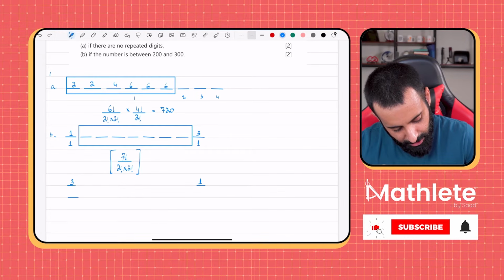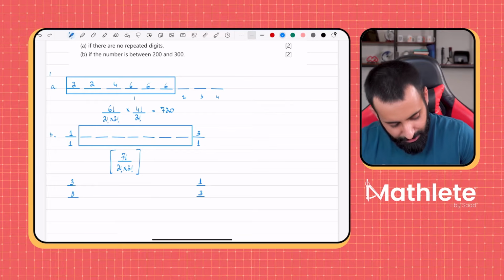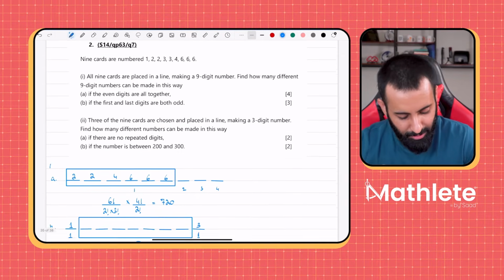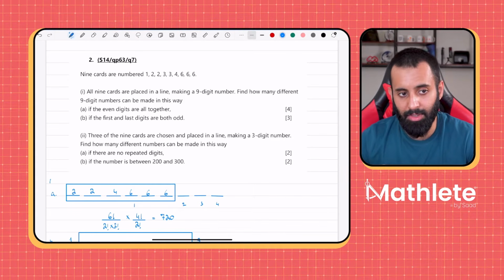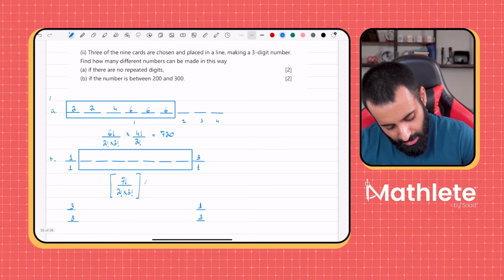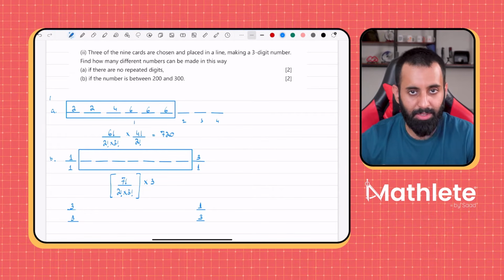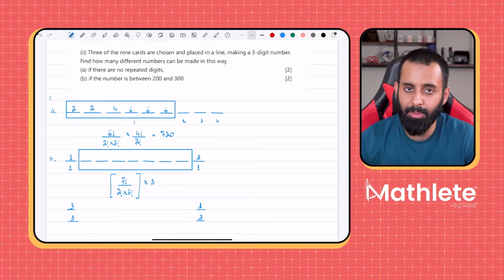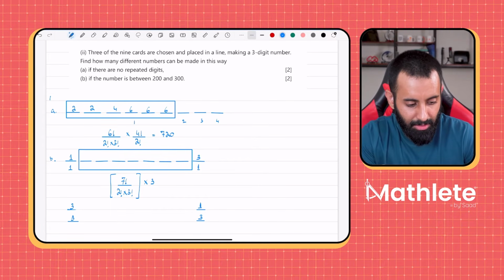Or you can also have, since there are 2 3s, a 3 in the first digit and also a 3 in the last digit. Okay, notice that we have 2 3s. So it could be 1 3, 1 in the start, 3 in the end, 3 1, or even 3 3. So that means this formation will be multiplied by 3, because for 1 3, 3 1, and 3 3, everything in between remains the same. It's just that the digits in the starting and the ending can be different.